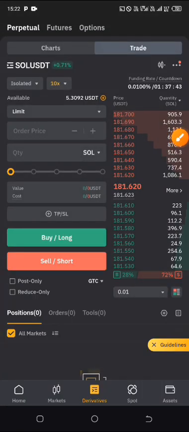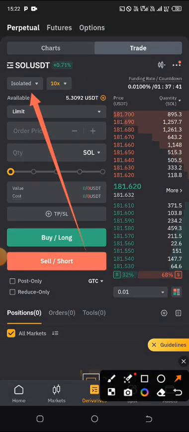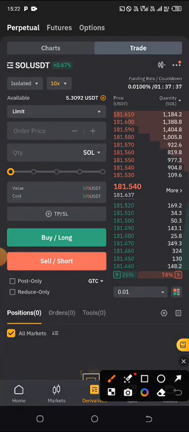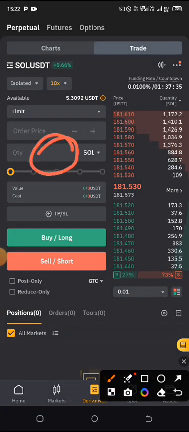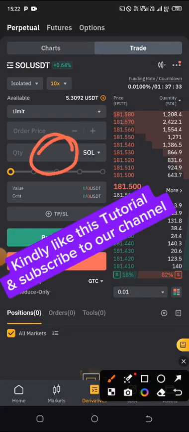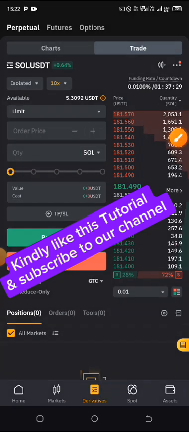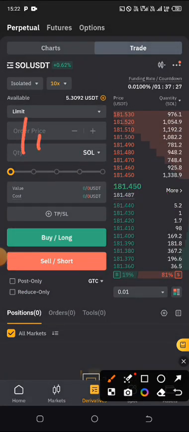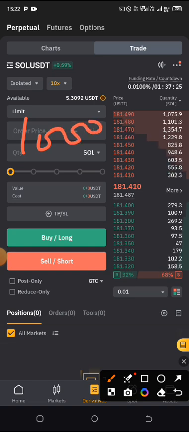Now, when you have selected your trade zone to be isolated margin, it means that the particular amount of USDT that you have allocated for this trade is what is used. Maybe you have 1,000 USDT as your equity or portfolio, and out of this you are leveraging maybe 100.